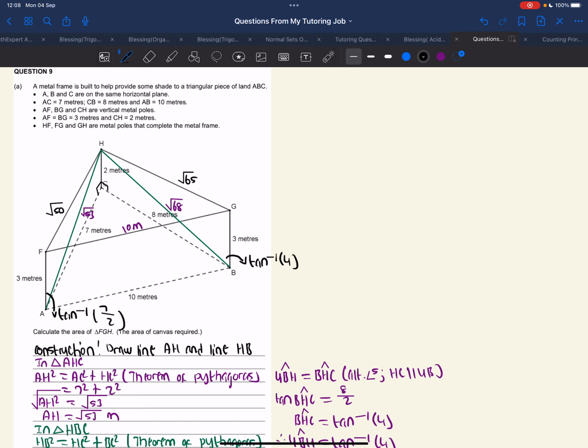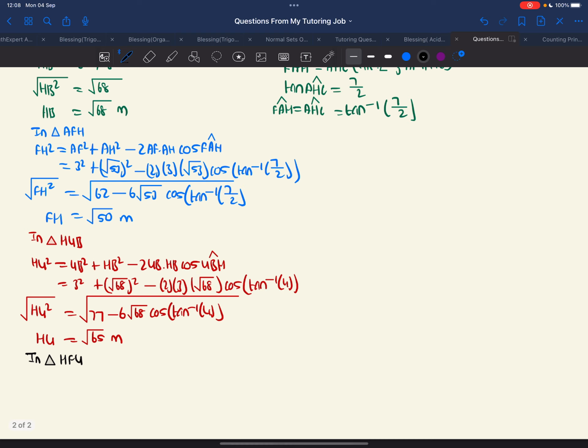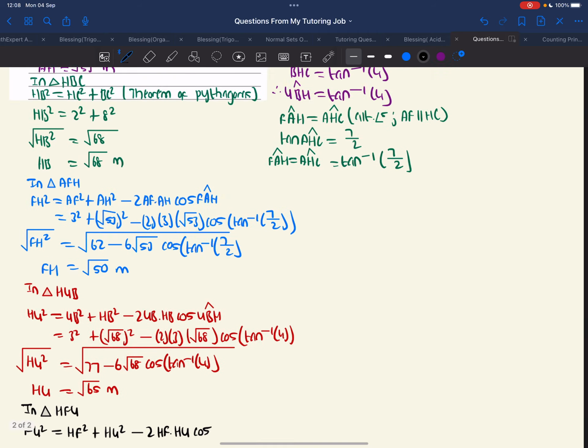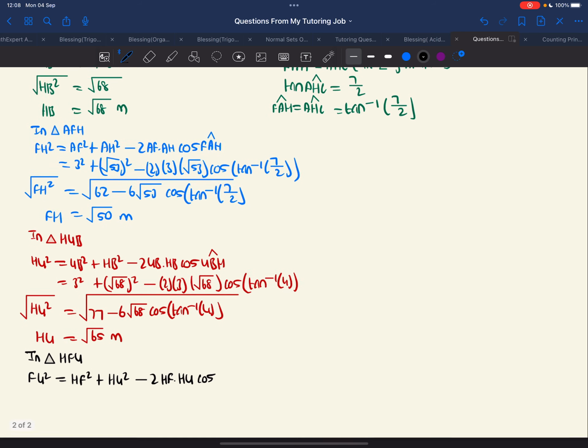Now to find the angle between those two lengths, I'm still going to use the cosine rule. So FG squared equals HF squared plus HG squared minus 2 times HF multiplied by HG, and then cos of angle FHG.